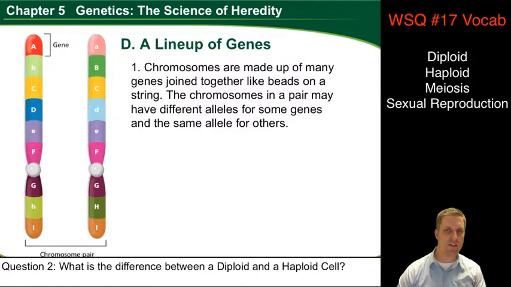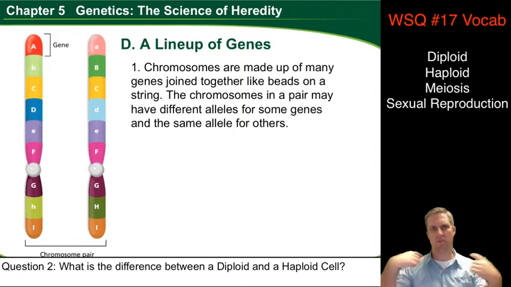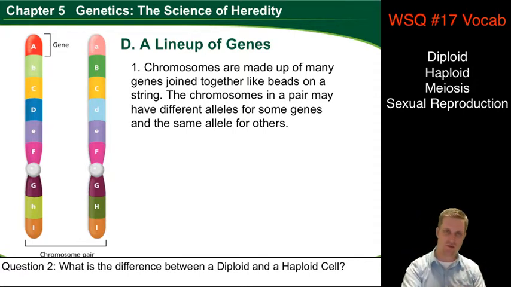What's interesting to understand is that chromosomes are made up of many different genes linked together. Think of it like if you've made a bead necklace before and you attach them on a string and they connect together. The chromosomes can have different alleles for different genes and the same alleles for others. So just because they code for the same thing doesn't mean that they have the same properties.